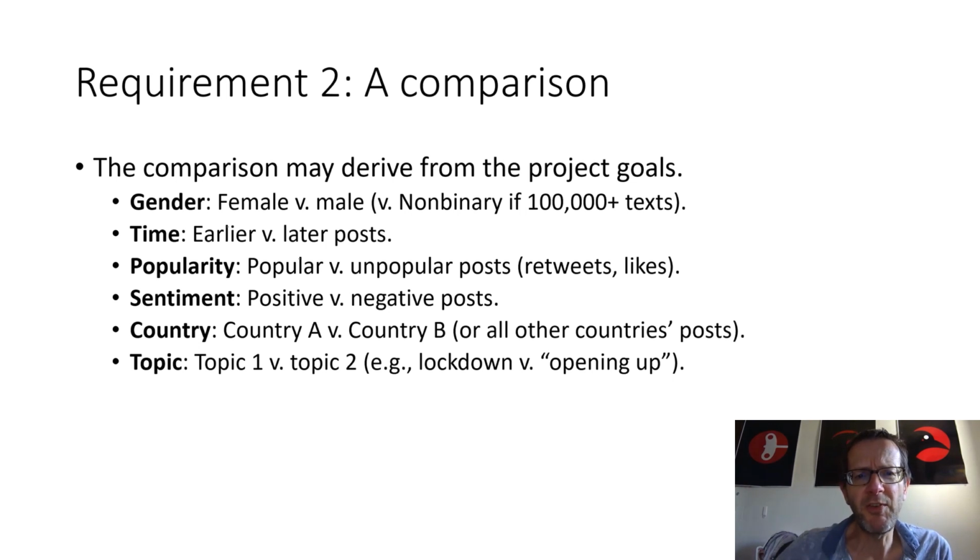An example might be lockdown versus opening up: tweets about lockdown against tweets about opening up. You might want to do that comparison to see what kind of things people discuss related to lockdown compared to opening up. And WATA would give you a set of themes for lockdown and a set of themes for opening up that were characteristic of the differences between them.